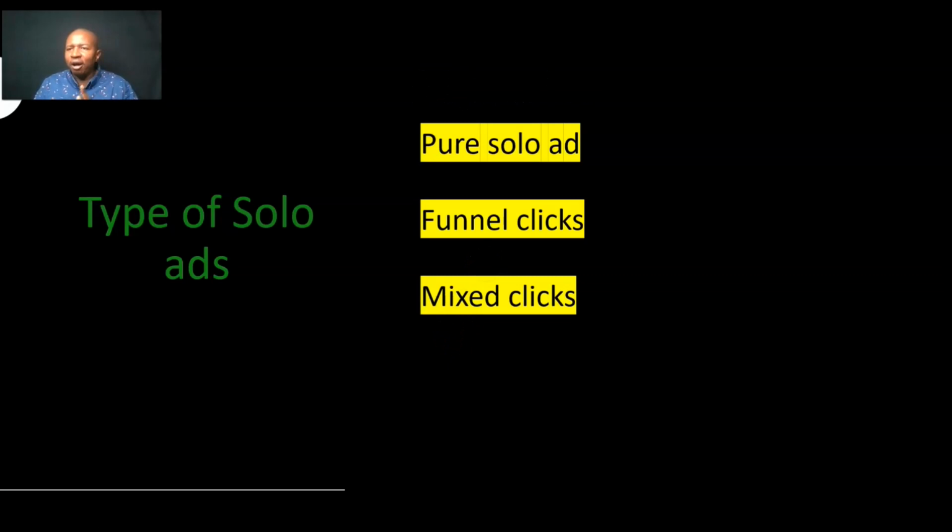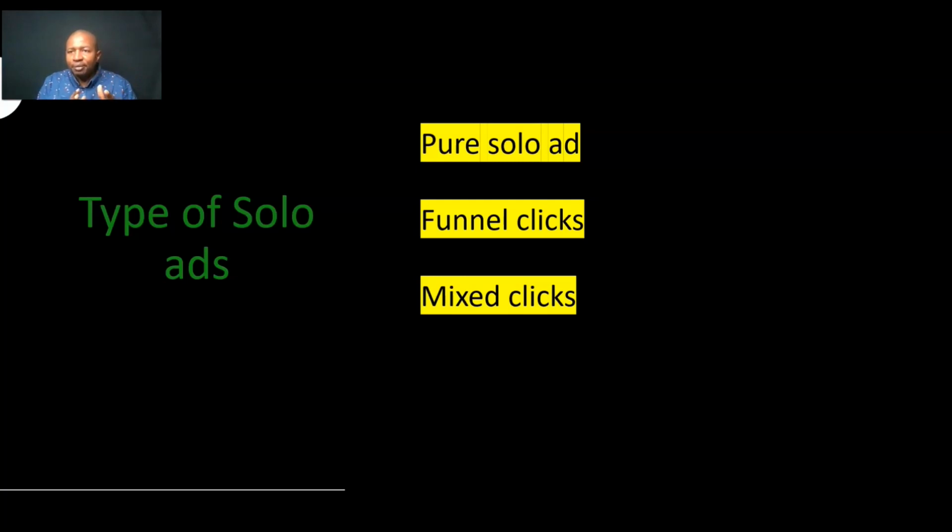We have mainly 3 types of solo ads. We have the pure solo ads, which is really the best, because you are the only one being advertised, your only offer.